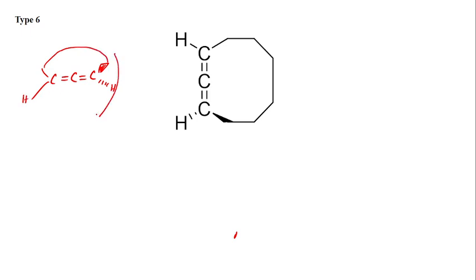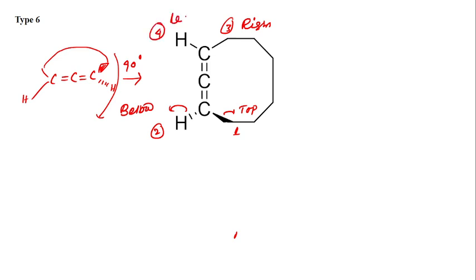So just turn it down by 90 degrees. Now this is the top group with priority 1. This is below or down with priority 2. This is priority 3. The right side, this is priority 4.